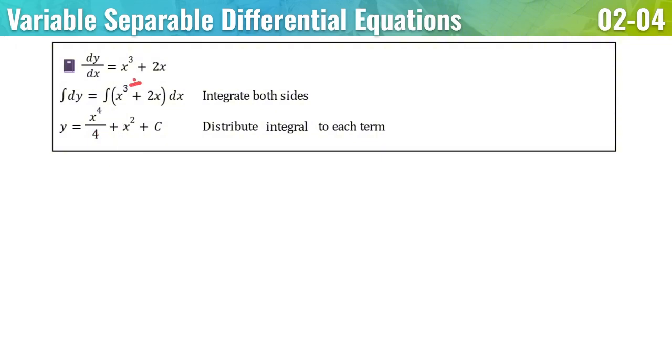X raised to 3 becomes x raised to 3 plus 1 divided by 3 plus 1. So we have x raised to 4 over 4 plus the 2x is going to become 2x squared over 2, which is basically x squared. And then don't forget the plus c.